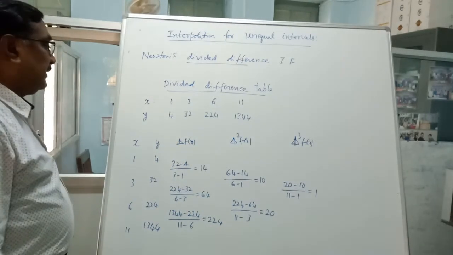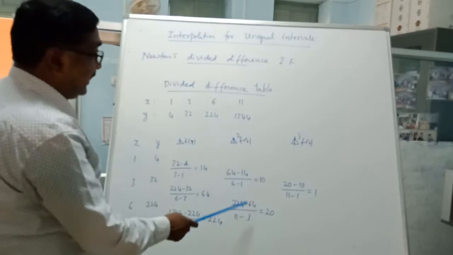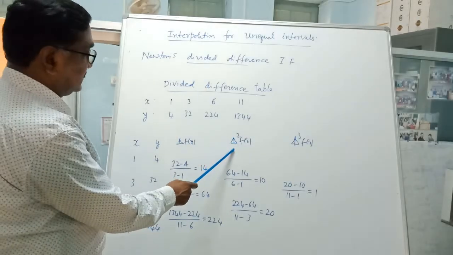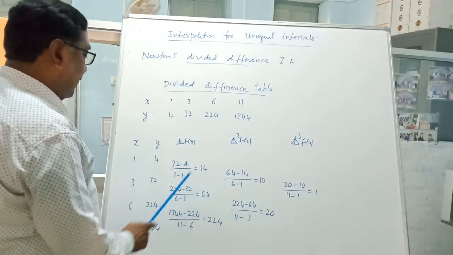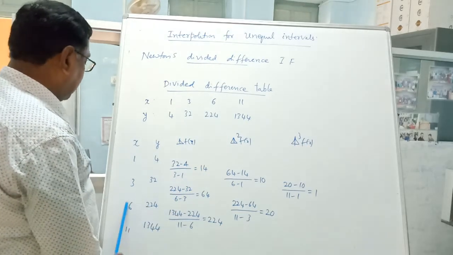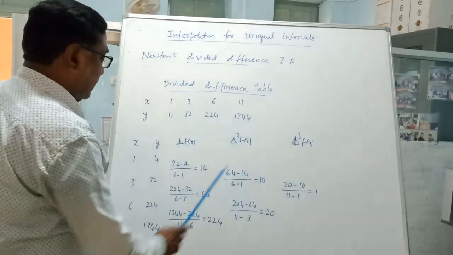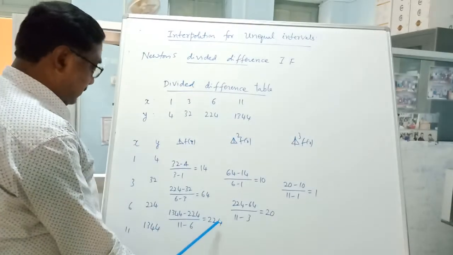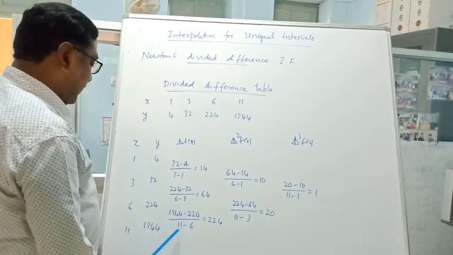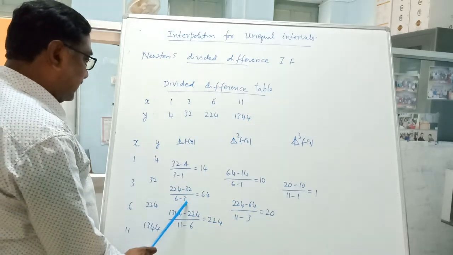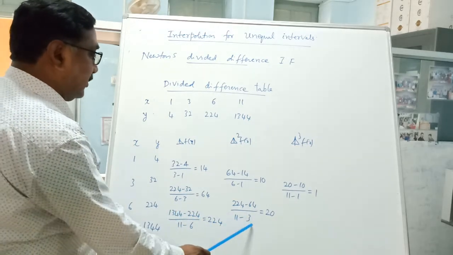Now we have to obtain the next ones. Let us find the second divided differences: 64 minus 14 divided by 6 minus 1, which is equal to 10, and 224 minus 64 divided by 11 minus 3, which is equal to 20.